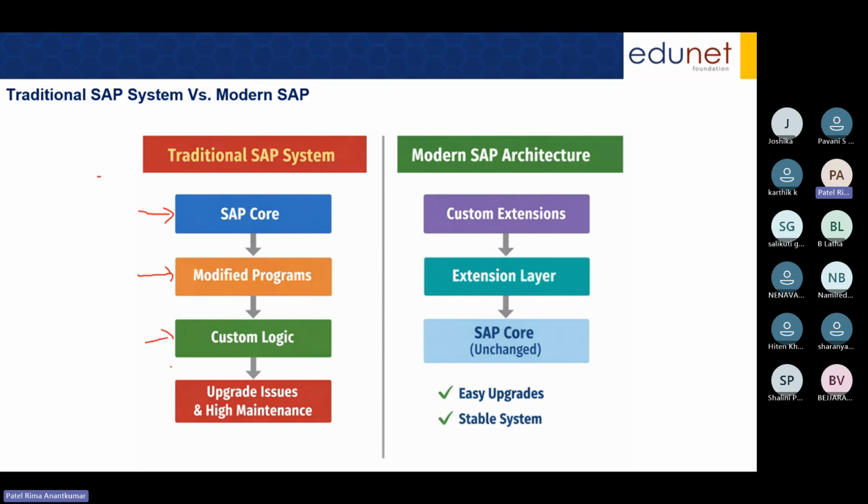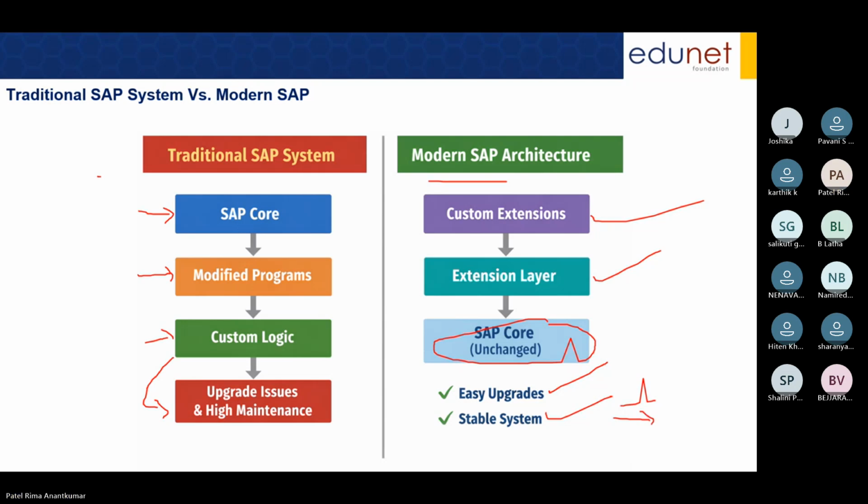This leads to upgrade issues and high maintenance, so we want to avoid it. The modern approach says we can use extensions. There is one extension layer which keeps the SAP core unchanged, and this leads to easy upgrades and a stable system. So system instability will be resolved here. Any doubt till this?